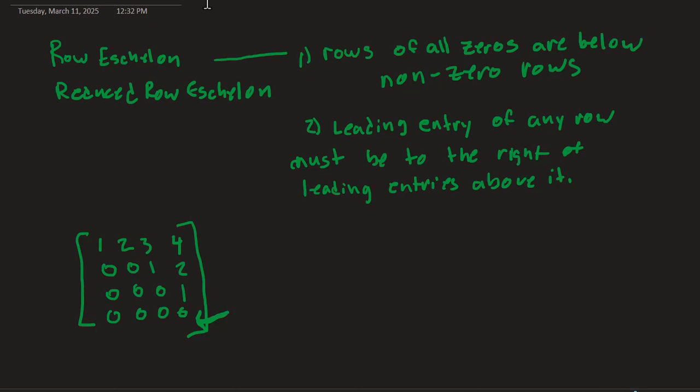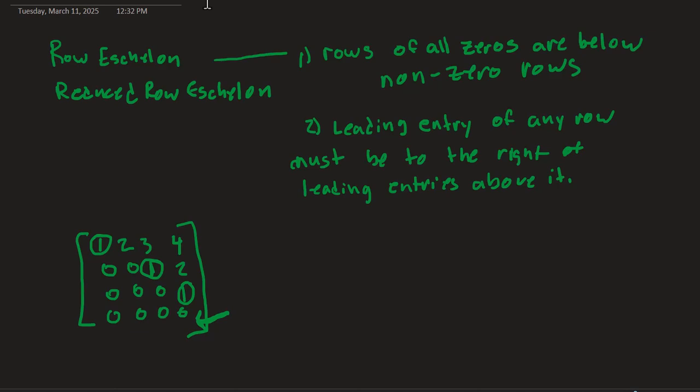It's below all of them. And then if you look at the leading entry in each row, this is the leading entry of row 1, this is the leading entry of row 2, this is the leading entry of row 3. The leading entry is to the right of the row above it. And so row 1 starts in the first column, row 2 starts in the third column, and row 3 starts in the fourth column, and row 4 doesn't have any entries at all.